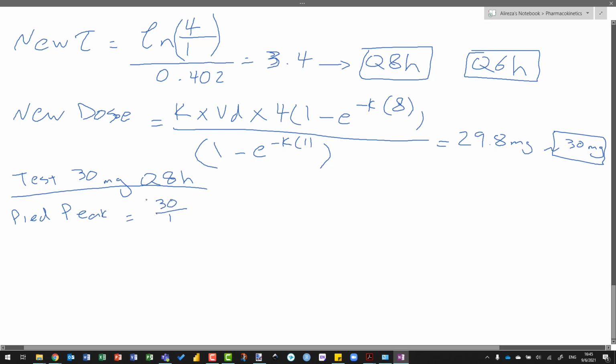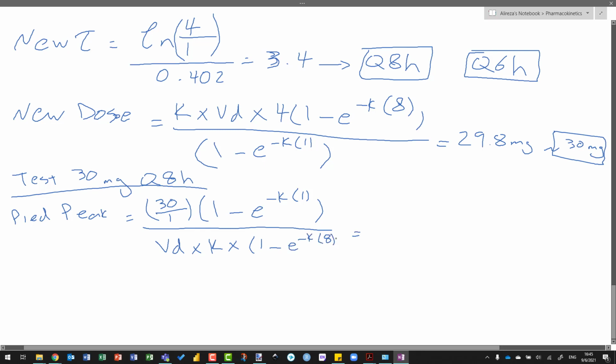would be basically, so the 30 milligram infused over 1 hour, and then we have 1 minus e to the negative K. So this K would be your new K, 0.402, and then we're infusing over 1 hour. And then we divide by the new volume of distribution that we had times the new K times 1 minus e to the negative K times tau, which is 8.